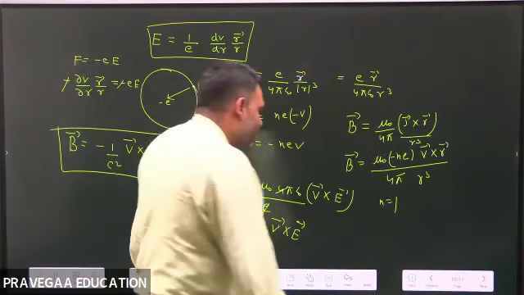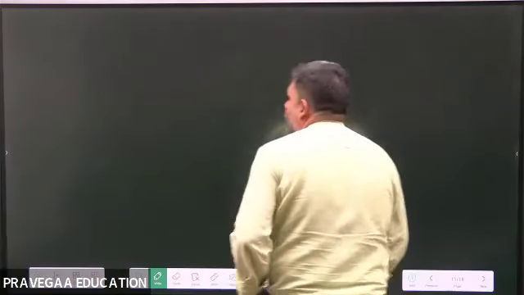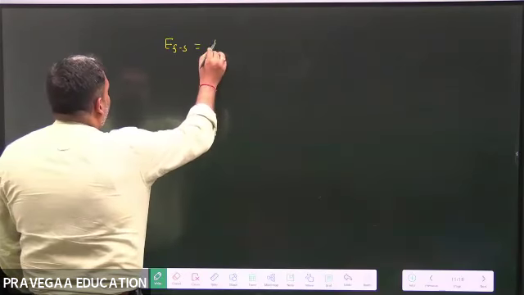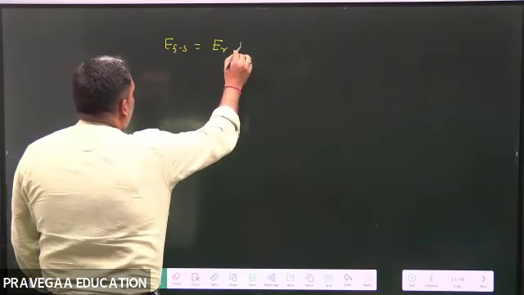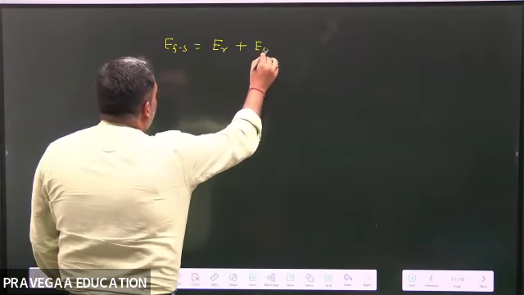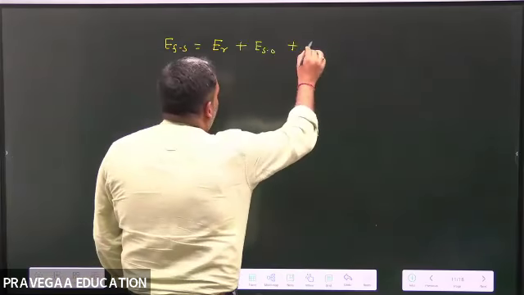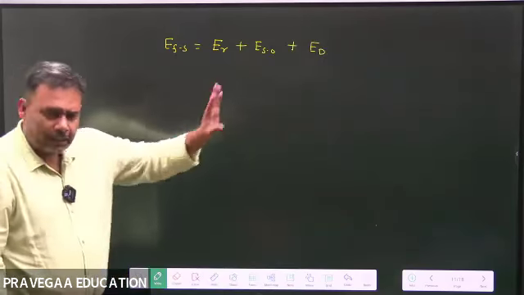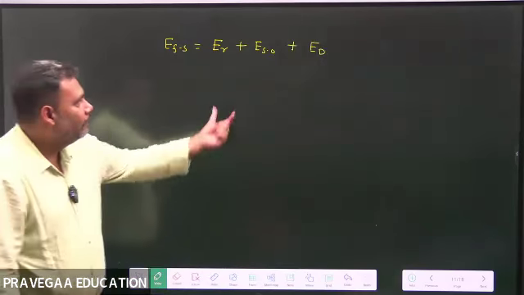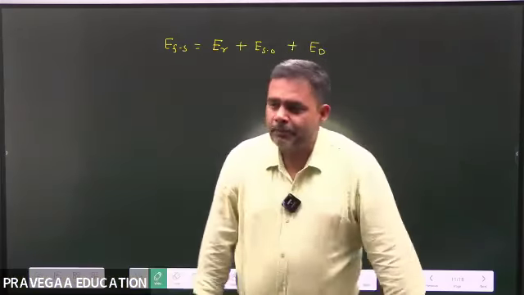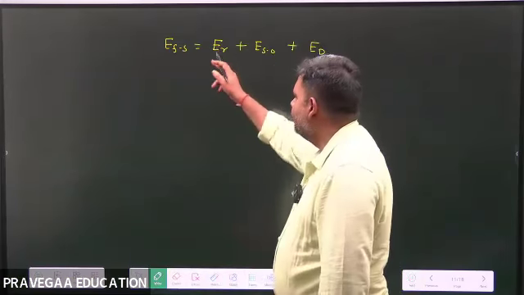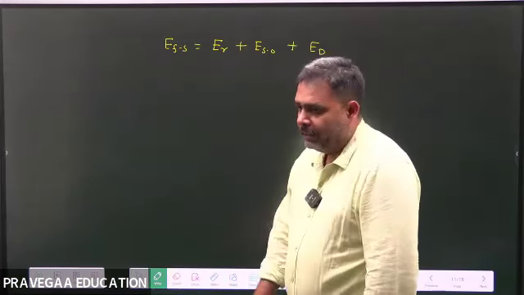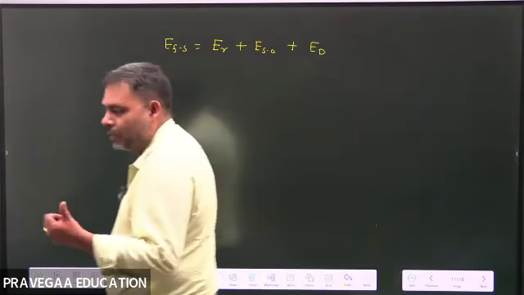In the last class, we saw that the fine structure is nothing but E relativistic plus E spin-orbit coupling, and obviously the last term will be E Darwin. We will talk about Darwin in the next class, but today we are just going to talk about the spin-orbit coupling. We have already done E_R in the last class.